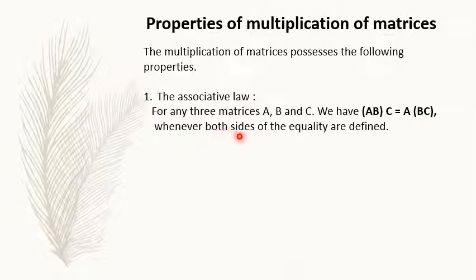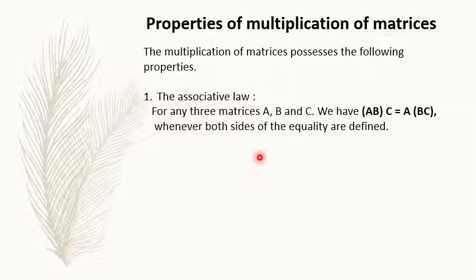Whenever both sides of the equality are defined. That is, sometimes we cannot multiply two matrices A and B. When the number of columns of A is not equal to the number of rows of B, then we cannot find the product AB.